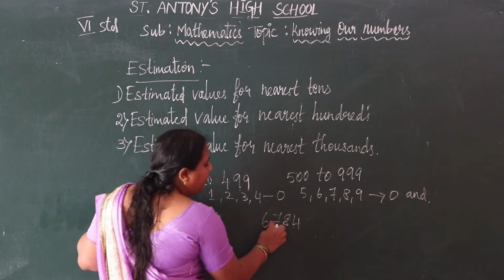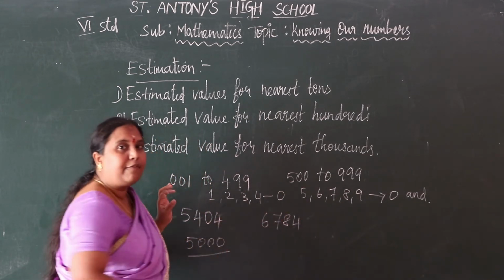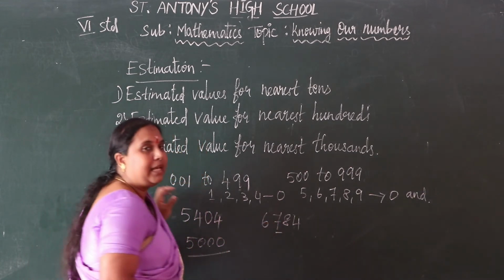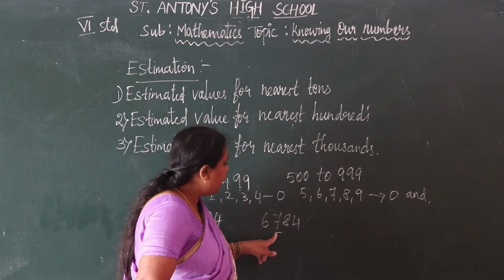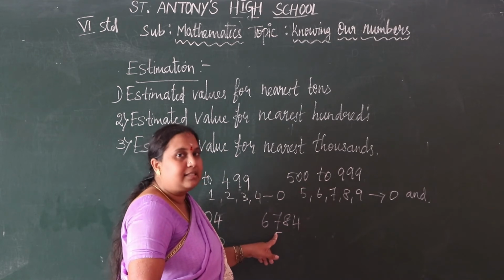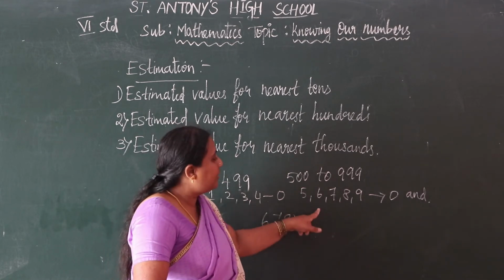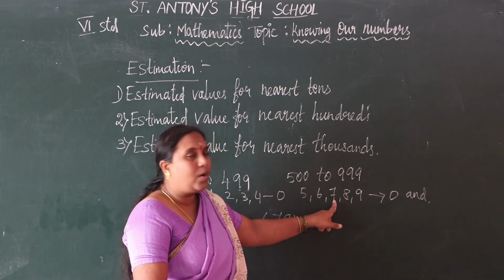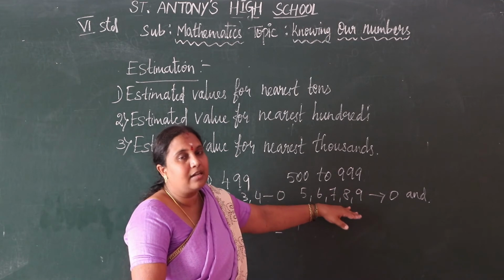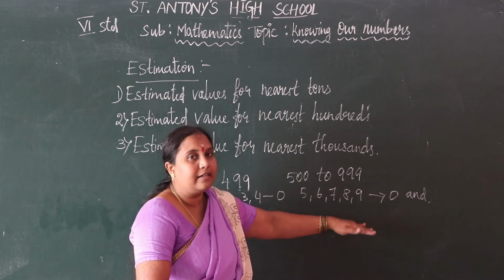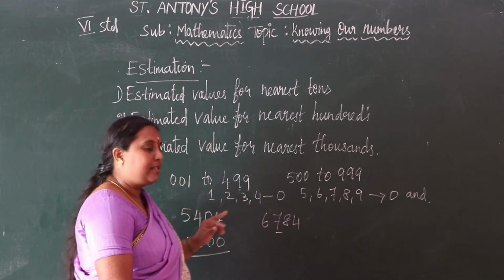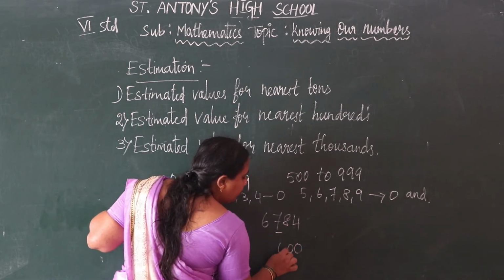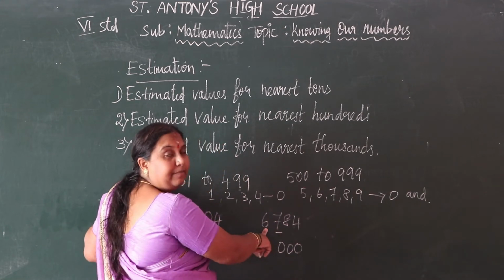So we are rounding it off to 0, 0 and here also 0, and 1 is increased in the thousands place.